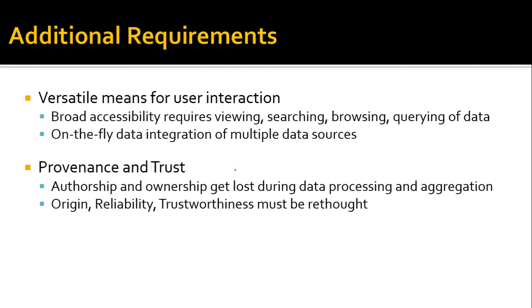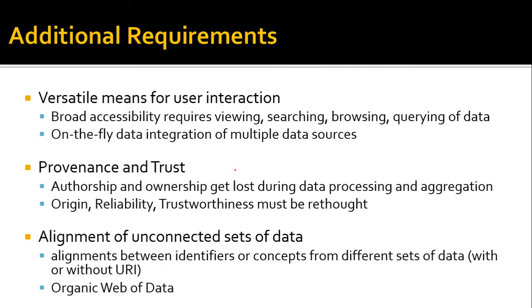You have multiple sources from which you are retrieving data, and you want to present aggregated data. As you aggregate data from multiple places, the question of trust becomes a bit difficult, right? So these are problems and challenges that are really important to the semantic web, and researchers are working on these problems. Basically, trust is a very important problem in the semantic web.